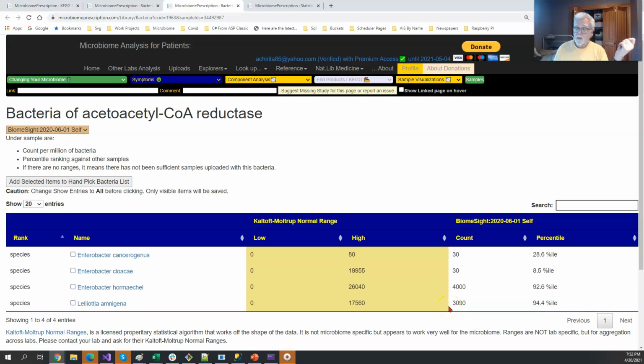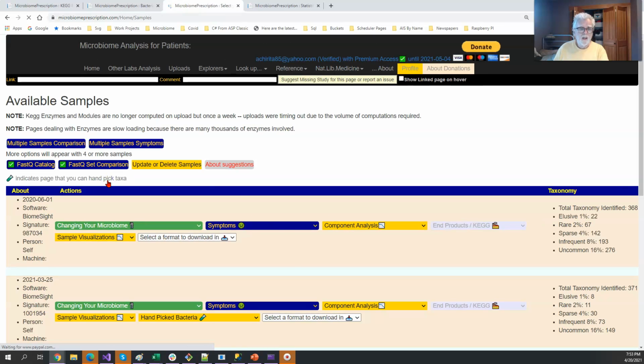What probably has happened is that the two both being high is what is abnormal, but each of them individually is still within the normal range, which means that if you want to do it, you probably end up having to hand select them and add them to the hand select list and work from there.